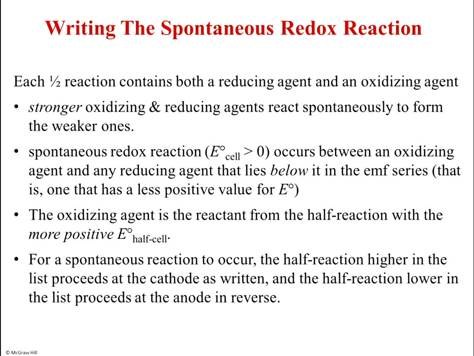The oxidizing agent is the reactant from the half reaction with the more positive E0. The oxidizing agent is the species that is reduced. For a spontaneous reaction to occur, the half reaction higher in the list proceeds at the cathode, and the half reaction lower in the list proceeds at the anode, or it is oxidized.